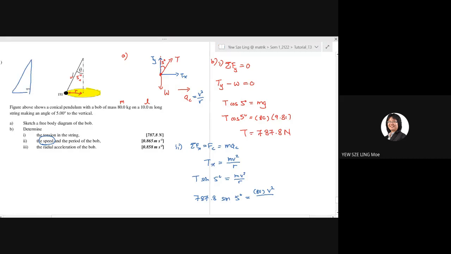The angle given is 5 degrees, the hypotenuse is 10 meters long, and we want to find the opposite, the R. So again, we use the sine function. Sine 5 degrees equals R over 10. So R is then equal to 0.872 meter.